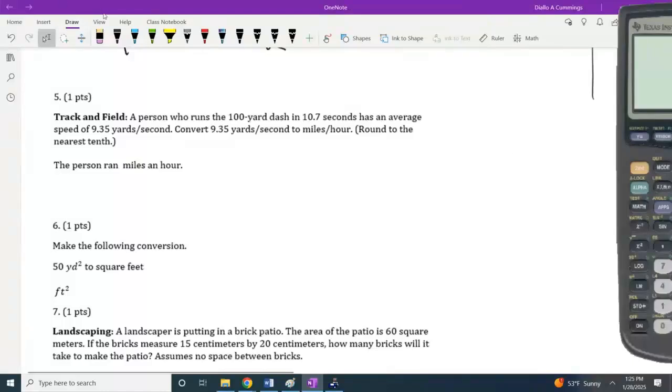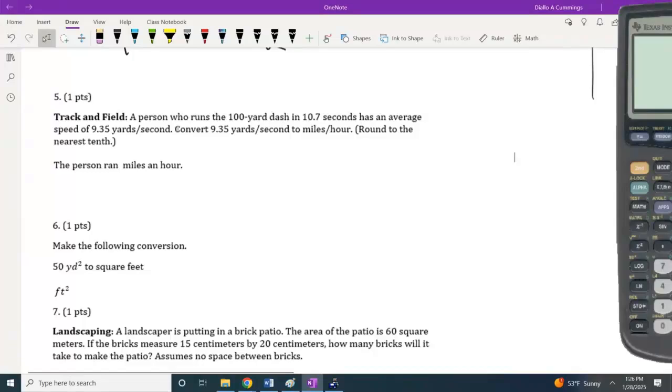And it says that person has an average speed of 9.35 yards per second. So in 1 second, that person is running 9.35 yards, which is about 27 feet. Whoever's running that is moving. Got to be in the NFL, right?